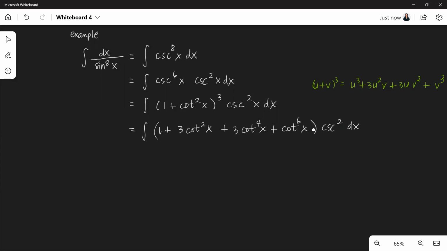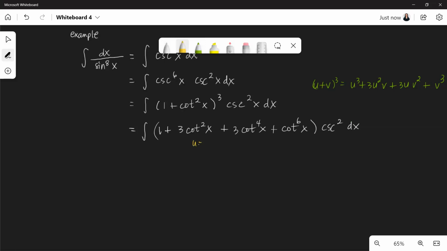So the last three terms are in the form cotangent x, so we can let u be equal to cotangent x, and then we'll have the du here. But the first term does not contain cotangent, so we cannot write it in the form u raised to the power of n.